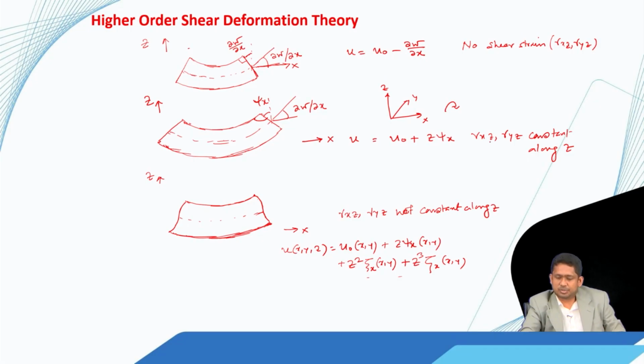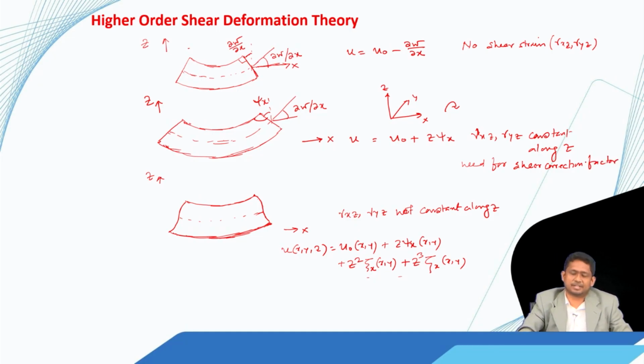In the previous case which we discussed in the last lecture, because gamma xz and gamma yz were constant, that gives some kind of non-physical behavior, because we know that gamma xz and gamma yz should be 0 at the top and bottom. That is why there was a need for a shear correction factor to ensure energy equivalence.